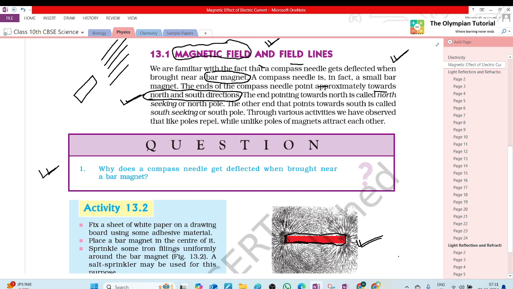Ma'am, due to the magnetic effect of electric current. A compass needle is a small bar magnet. When it is brought near a bar magnet, its magnetic field lines interact with those of the bar magnet. Hence, a compass needle shows a deflection when brought near the bar magnet. Are you okay with it?